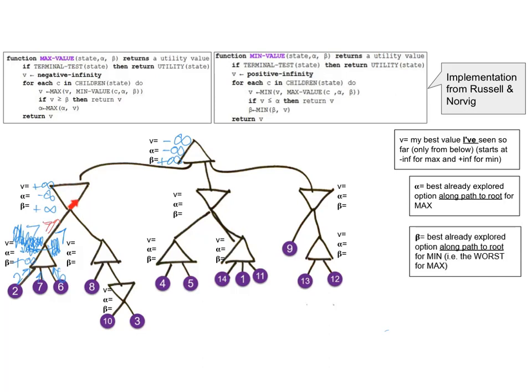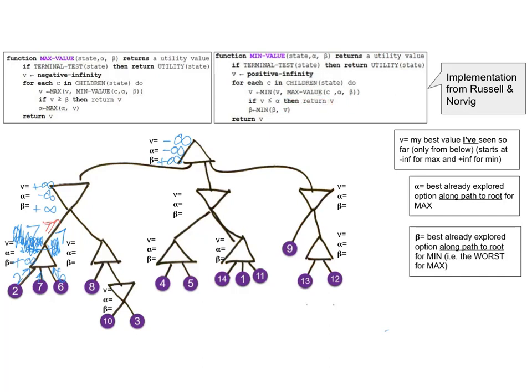So we were actually running this min value function, and we were here. We computed the max value of the first child on the left, and it returned a 7. Now this says take the minimum of whatever v is, plus infinity, and the max value you sent back, that's 7.